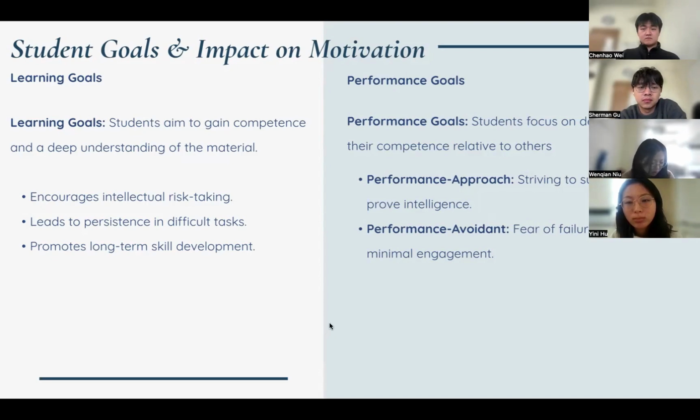Performance approach goals drive students to seek recognition, whereas performance avoidant goals make students fear failure and disengage. Research shows that learning goals lead to deeper understanding, while performance avoidant goals often result in minimal effort.